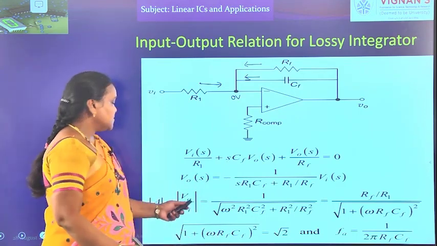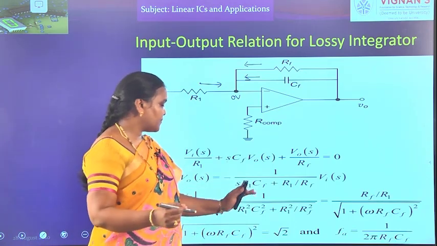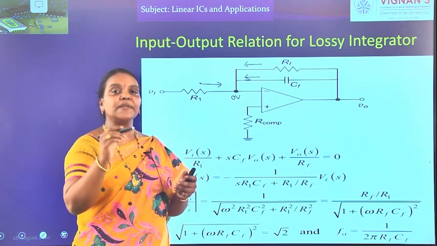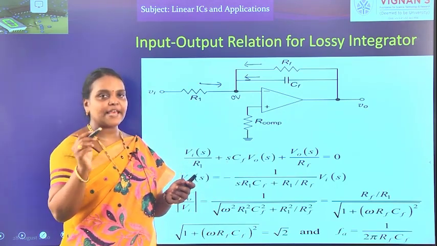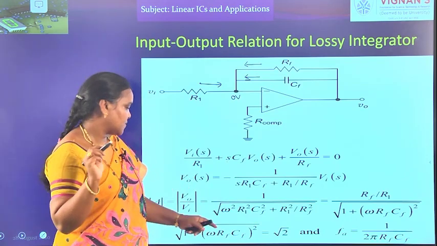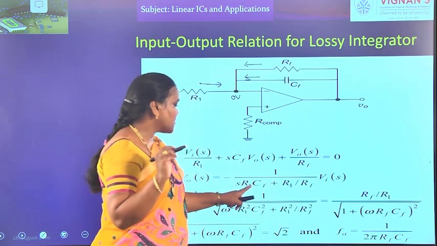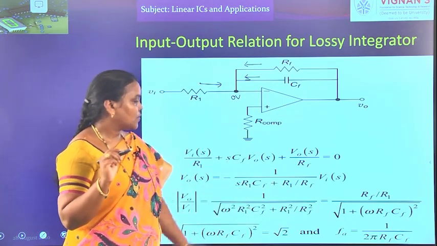And the gain becomes, gain means V0 by Vi, and here we are finding the magnitude of the gain. So, before finding it, replace S with j omega, and magnitude means square root of real part square plus imaginary part square. So, here the real part is R1 by Rf and imaginary part is omega R1 Cf.